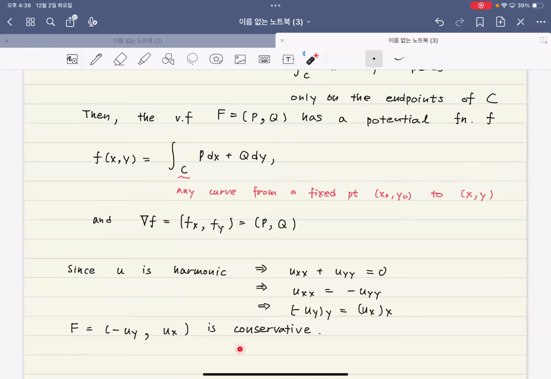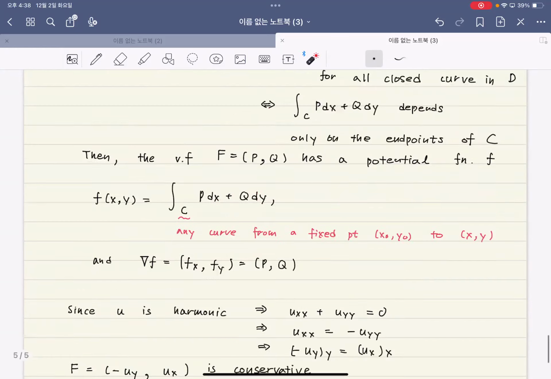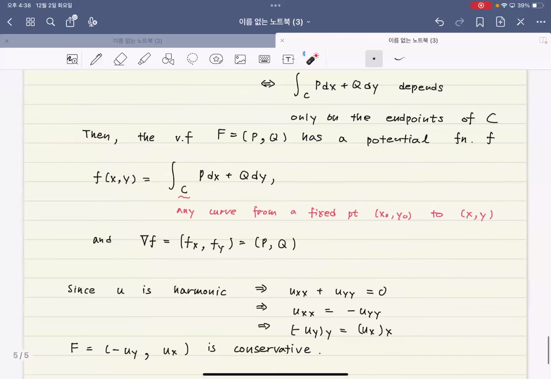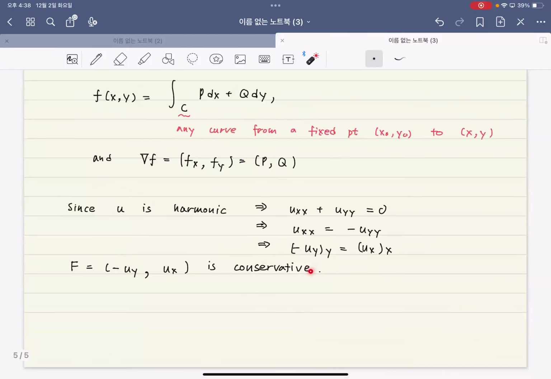But deep inside, we know that this is conservative because this domain is always assumed to be simply connected. In other words, we are 100% sure that this region R does not contain any hole inside, right? Because of this reason, now we know that this guy is conservative.